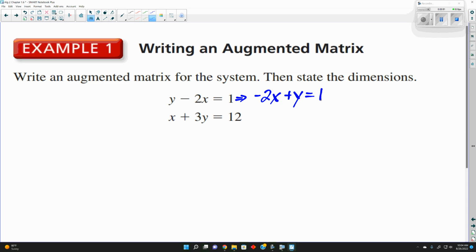Now the next one, do we have x, y equals number? Yes, because x, 3y equals 12. We had to switch the first one because x didn't come first. With all the equations, really, the order of the variables, the way we put it, doesn't matter too much. We just need to make sure they're all the same.